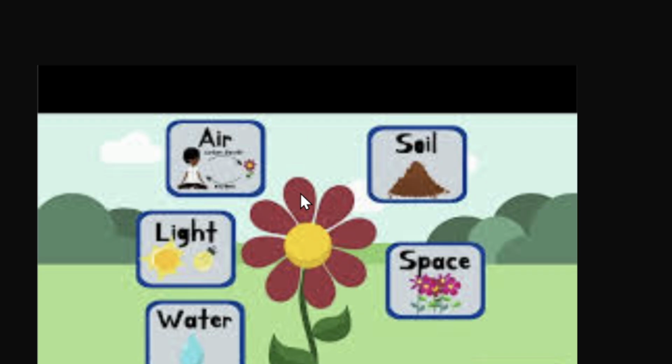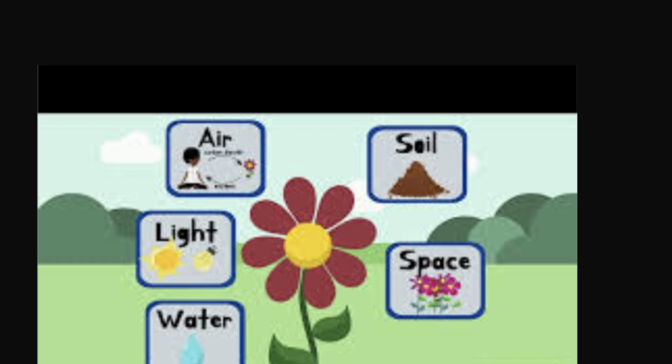We have a plant and a beautiful flower. The things that are very important for a plant to live: the first thing is soil and air, sunlight, water and some space to grow. So air, soil, light, water and space.